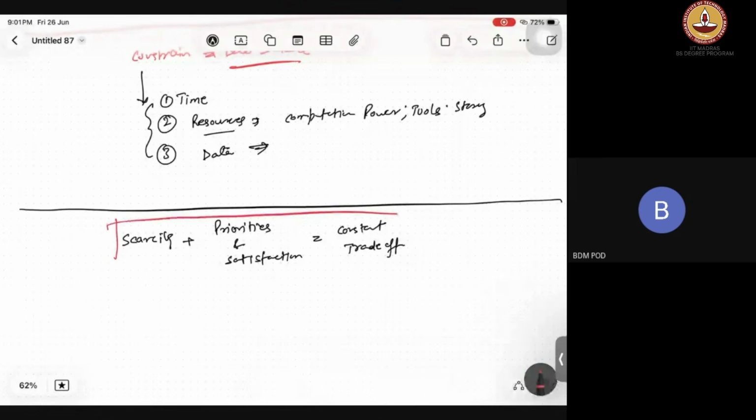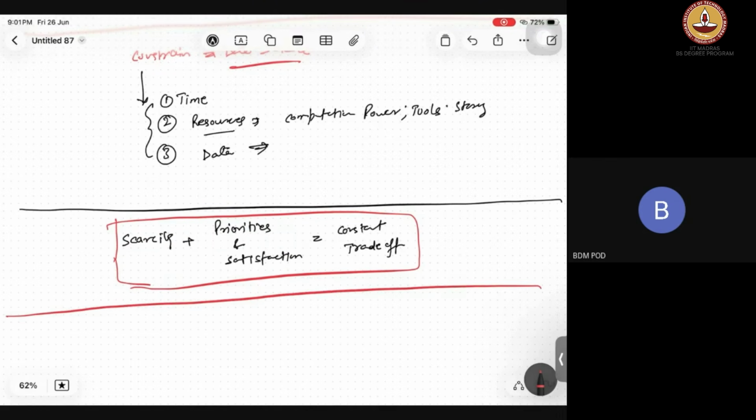This is the mathematical foundation of the trade-off equation. The trade-off is happening because of scarcity, and in a trade-off you look at the priorities and whether these priorities are giving you satisfaction or not. So this is the mathematical formulation.